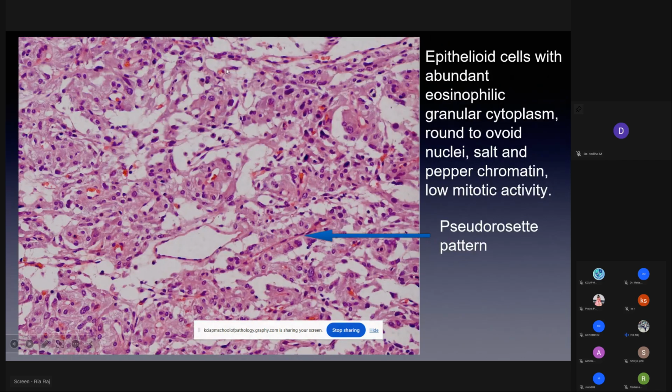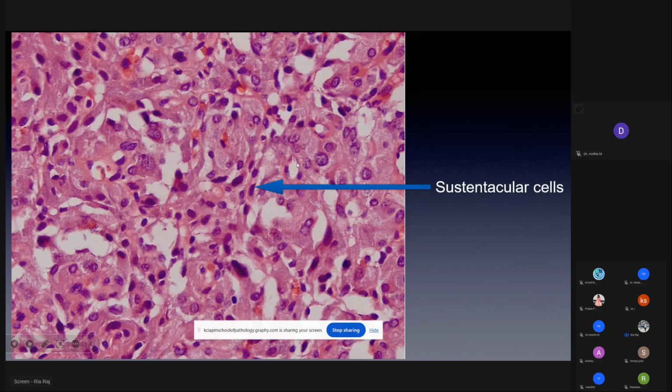When we see the individual tumor cells, these are epithelioid cells with abundant eosinophilic granular cytoplasm with round to ovoid nuclei, having salt and pepper chromatin, and the mitotic activity is very low. Along with the irregular nests and the zellballen pattern, we can also see the pseudorosette pattern, that is the arrangement of the tumor cells around the blood vessels.